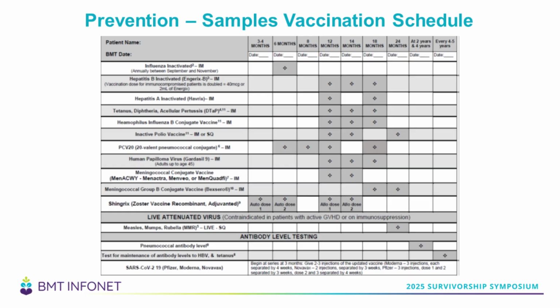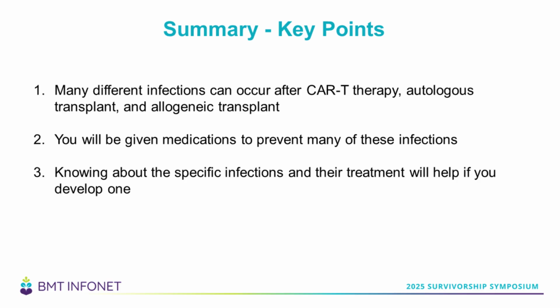So every center has their own diagram, and your medical team will go over when those start and which ones you're due for. Often the first set of vaccines might be recommended as early as 3 months after your CAR T or autologous transplant and 6 months after your allogeneic transplant.